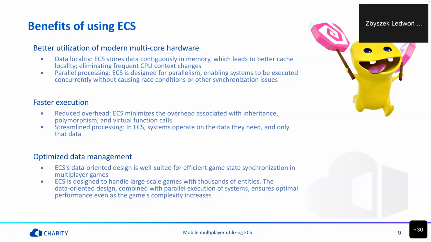The other benefits that I didn't mention: data management is much more convenient in ECS because you have all the data in one place. You can deal with the data easily when, for example, you try to gather all the changed information from the game state.